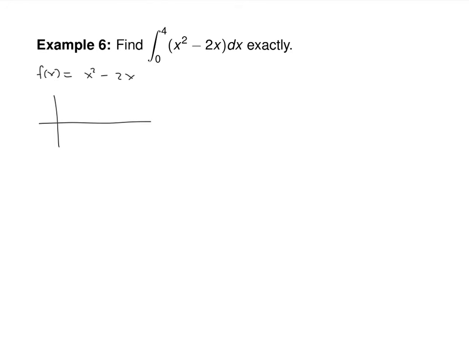Okay, so you have that curve. If you do n chunks, delta x will be 4 minus 0 over n, or 4 over n.